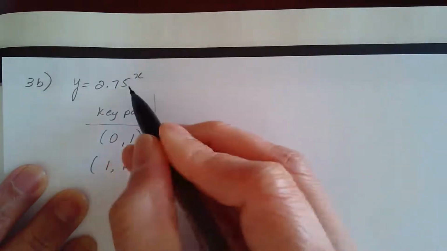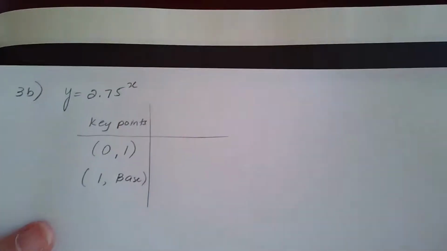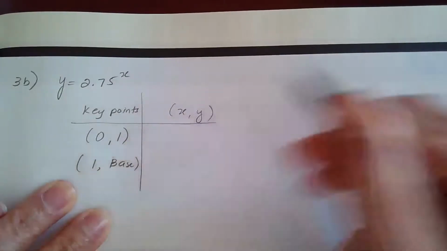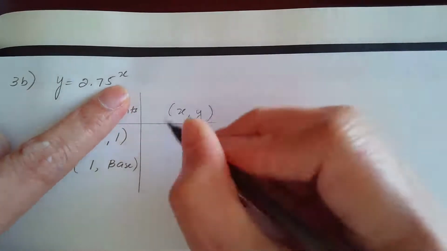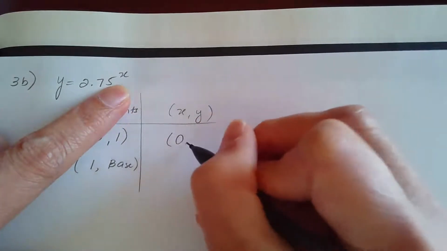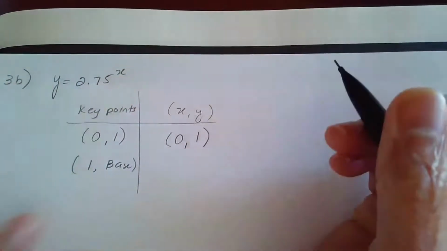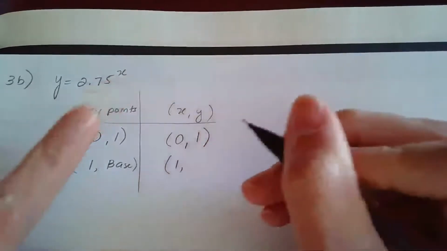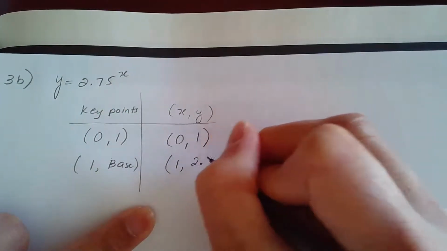In this case, it's 2.75. Yes, it's 2.75. So here we go. If x is 0, if I plug in 0 there, it's going to be 2.75 to the 0, which is 1. And if I substitute 1 for the x, I'm going to get 2.75 to the 1, which is 2.75.